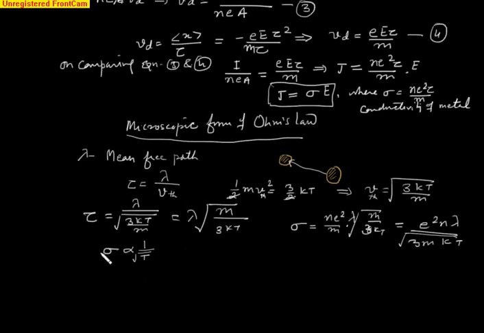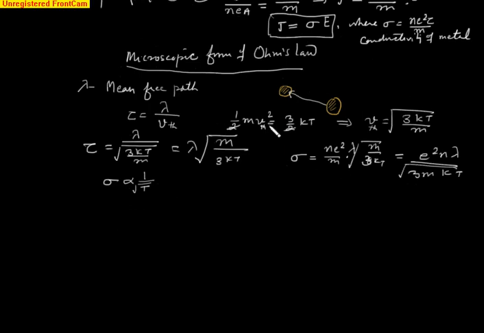So this is another finding of the Drude theory, in which it is explained that the electric conductivity of the metal is inversely proportional to the square root of the temperature. Now let us mark this as equation number 5 for its use later on.